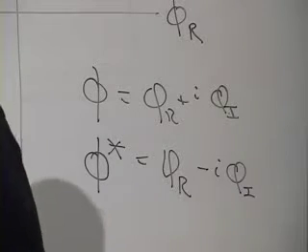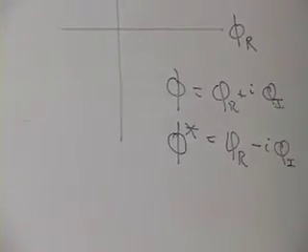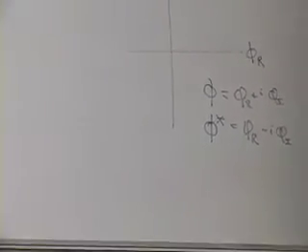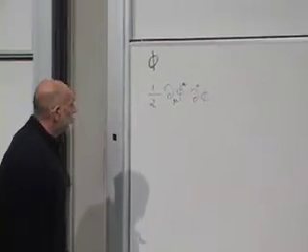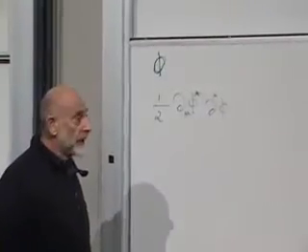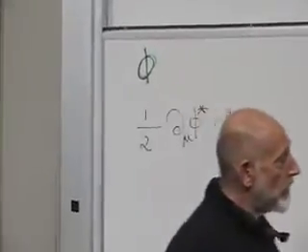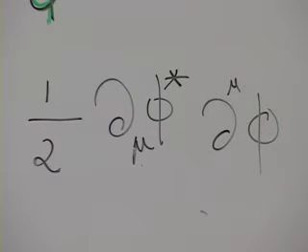And let's suppose that in that case, we would write the kinetic energy not in this form, but as the product of the derivative of the conjugate of phi times the derivative of phi itself. This is equivalent to the sum of two terms, one involving phi real and the other involving phi imaginary.